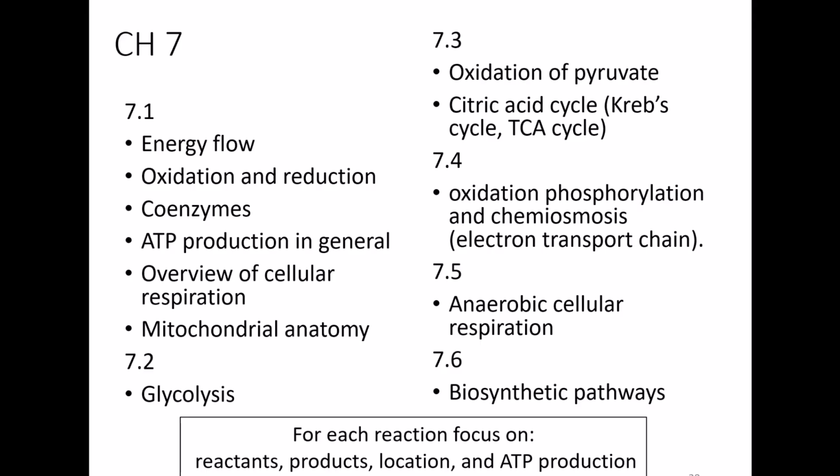Anaerobic cellular respiration has a different electron acceptor than O2, oxygen. In aerobic cellular respiration, O2, oxygen, is the final electron acceptor in the electron transport chain. And then we said you eat more than just glucose and you use the products of your digestion, like your amino acids and things like that, for more than just energy. Like you're going to use amino acids to build additional proteins as well. So that is chapter 7.